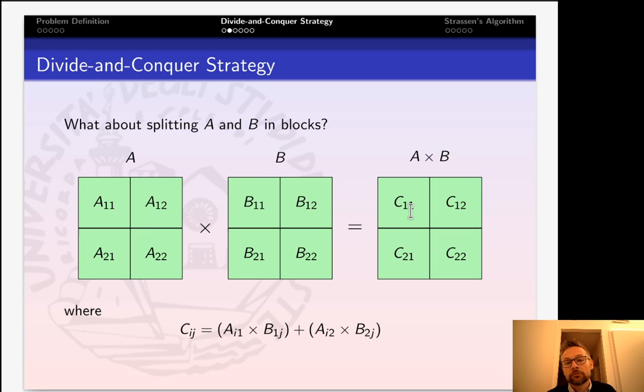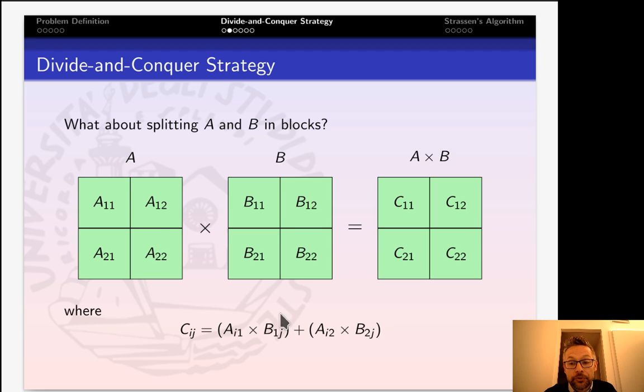It's just a way to see things in a different way. But this gives us the chance to build up a recursive algorithm. Why? Because what is contained in these two parentheses is again a multiplication between matrices of the same sizes.